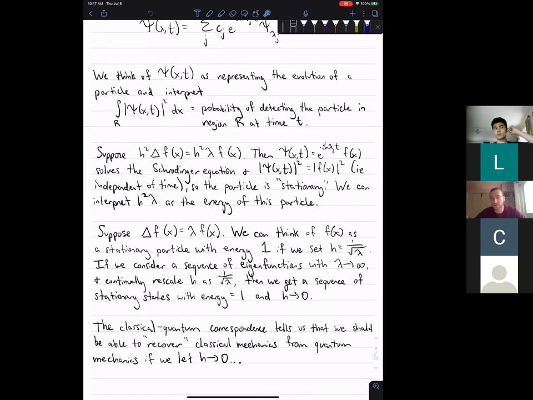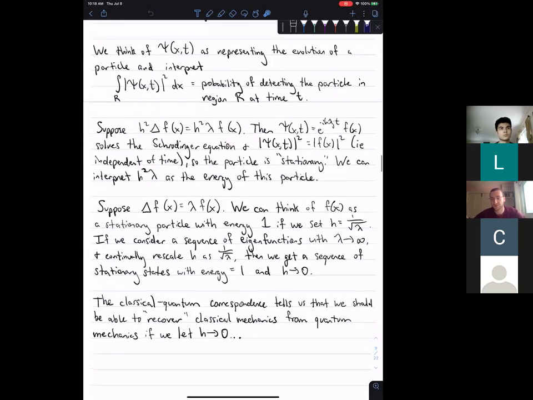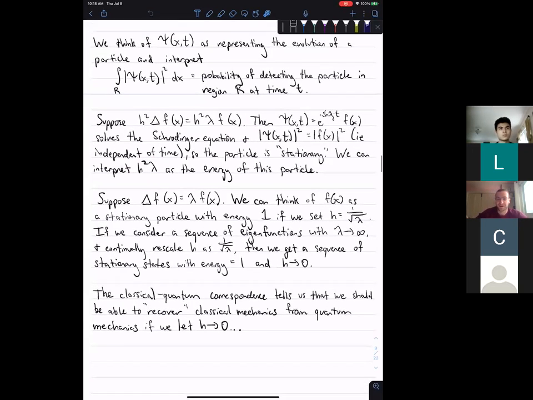And we also can interpret this particle as having a definite energy, namely the eigenvalue with respect to the Hamiltonian operator. So if I have this kind of equation here, then I could think of this as a particle with energy h squared lambda. Okay, so now this is maybe the most technical thing I'm going to say. Hopefully this makes sense.